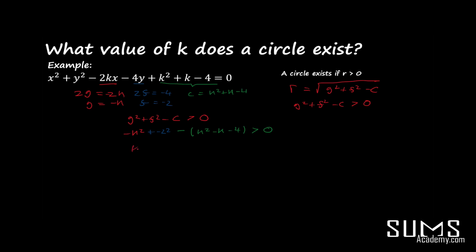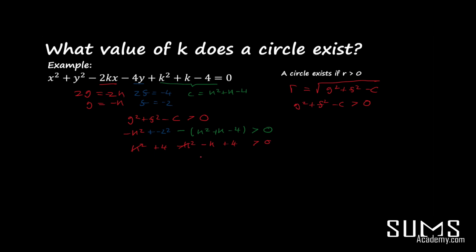So this becomes positive k squared. This becomes 4. That becomes minus k squared. It becomes minus k, sorry, that should be a minus k squared plus k minus 4, which makes this minus k, and then positive 4. The k squareds cancel.